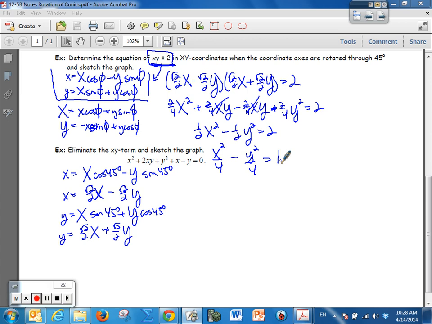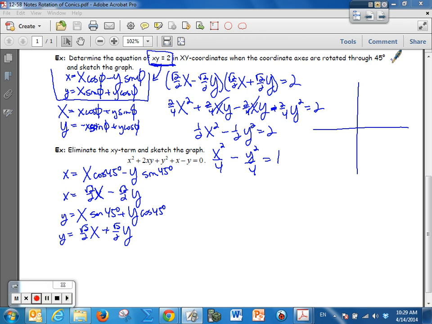Now, for the graphing. What I do is I draw a regular set of coordinate axes. Then I look and see what the phi is. My rotation is 45 degrees. So I'm going to draw a dotted line axis with a 45-degree rotation.